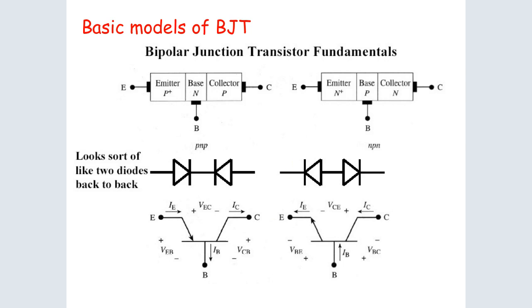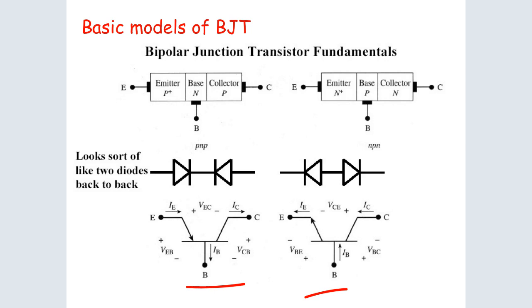The circuit symbol for this type of transistor, whether you're talking about PNP or NPN, is shown below. You look at how the terminals are arranged, and especially the associated currents.